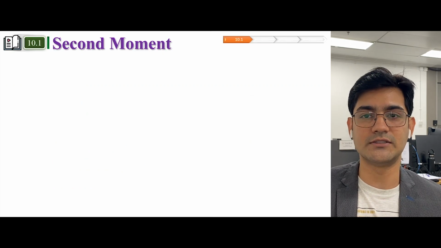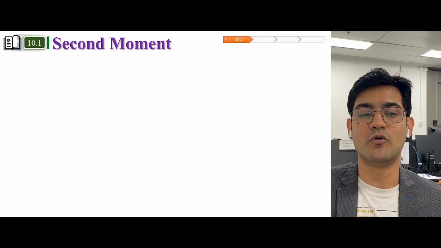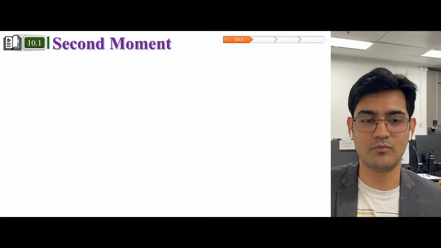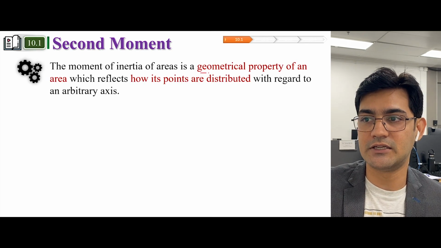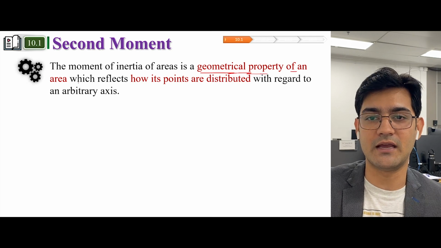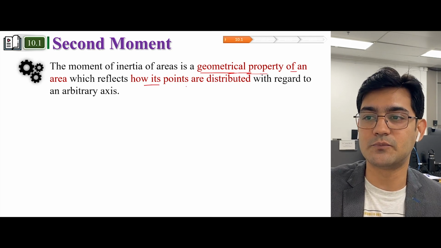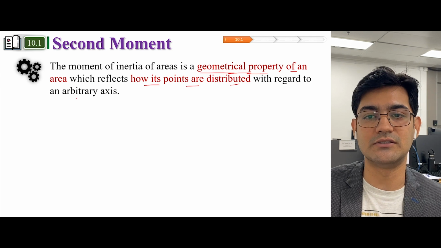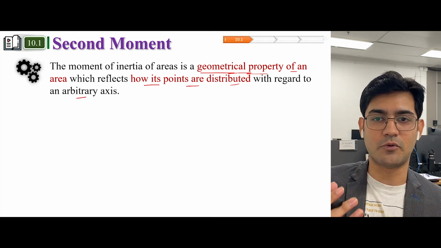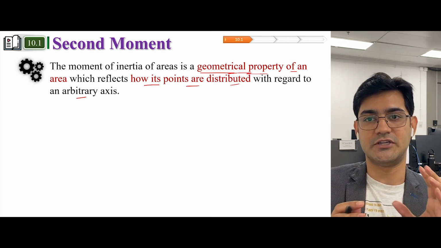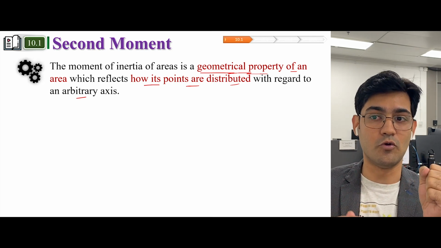Okay, so what is moment of inertia? Moment of inertia is also called second moment. So moment of inertia of areas is a geometrical property of an area which reflects how its points are distributed with regard to an arbitrary axis. So basically it's a geometrical property, and moment of inertia has two terms in it, moment and inertia.